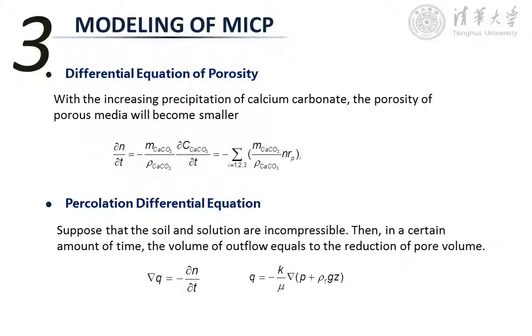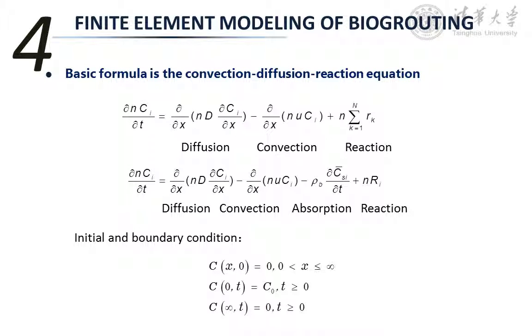And suppose that the soil and solution are incompressible, then in a certain amount of time, the volume of outflow equals the reduction of pore volume. And the governing differential equation can be written as the following.